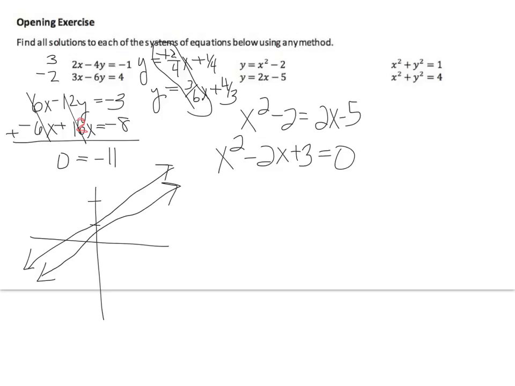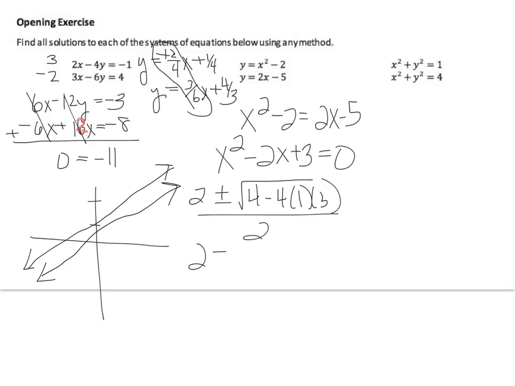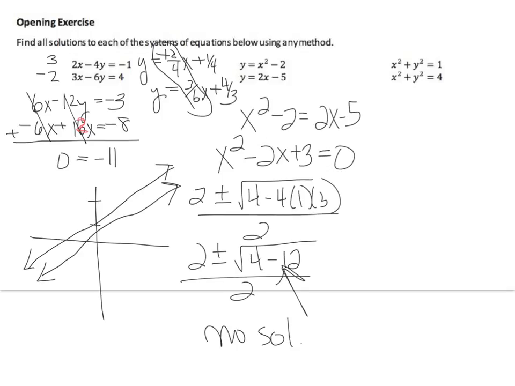I can't factor that off the top of my head, so let's use the quadratic formula. -b plus or minus the square root of b squared minus 4 times a times c all over 2a. So I get 2 plus or minus the square root of 4 minus 12. I have a negative answer. So another no solution.